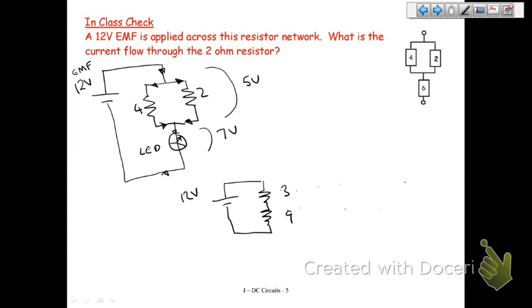So it would be 1 and 3, instead of 1 and 4, if I want 3 volts across there. 1 and 3 adds to 4, so it's 1 out of 4. And 2 and 6 adds to 8, so it's 2 out of 8. Yeah, that makes the ratio. Cool.